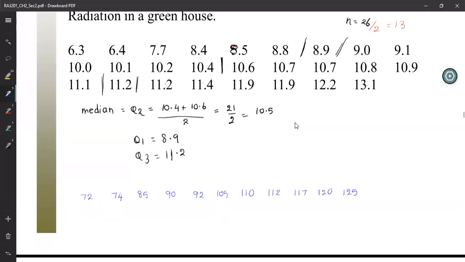Right. Can you find the quartiles? Start from the median, then first quartile and the third quartile. It is already ordered, so you can start now.